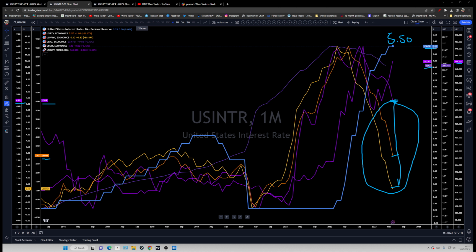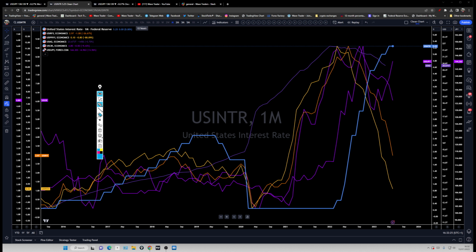So what the Fed is saying right now is that they're going to hold the rate steady at higher levels for a longer term to bring down inflation, the way they held the interest rates at the bottom, at this area.